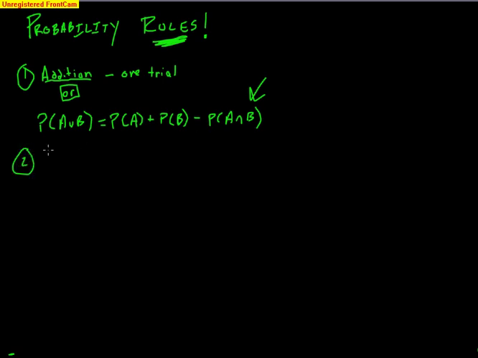The second rule we learned was the multiplication rule. And I'm begging you to understand that the multiplication rule is really used not when we see the word "and", but when we see the words "and then". What I mean by that is we're talking about two or more trials.